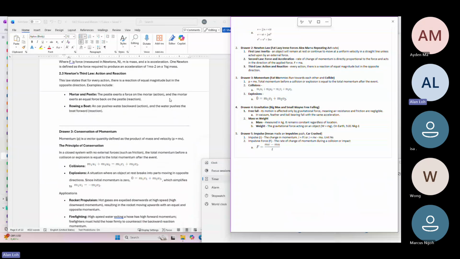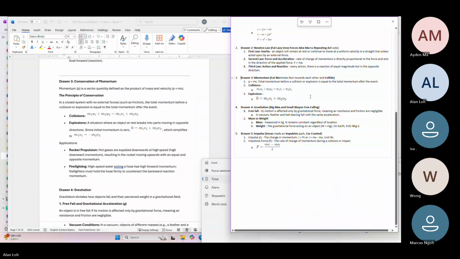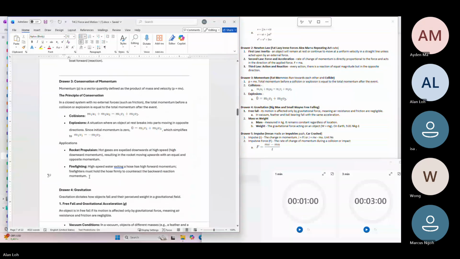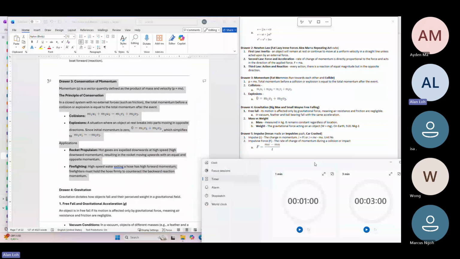Okay, we're going to go a bit faster as we progress, as we follow the steps. Okay, this one, let's take from here until momentum. Drawer number 3. Let's take 1 minute.